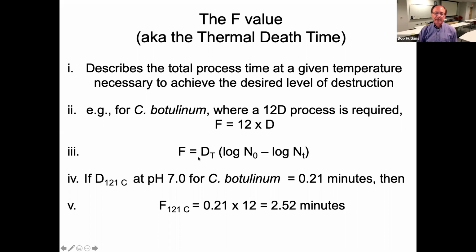And so here for an example, if the D at 121 degrees, so that's kind of your normal canning temperature and pressure, if the D was a 7.0, so let's say it's a can of green beans, probably close to pH 7, is if the D is 0.21 minutes, then the F is 0.21 times 12 equals 2.52 minutes. That's how long at 121 would be necessary to give you a 12D process. Okay.